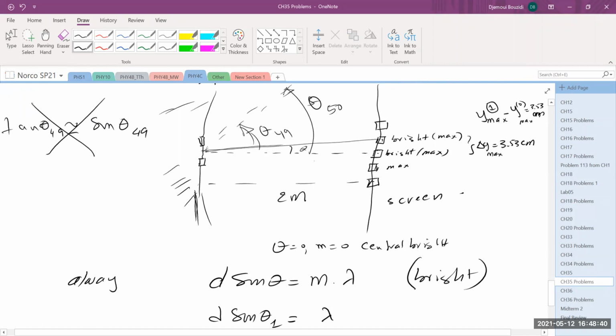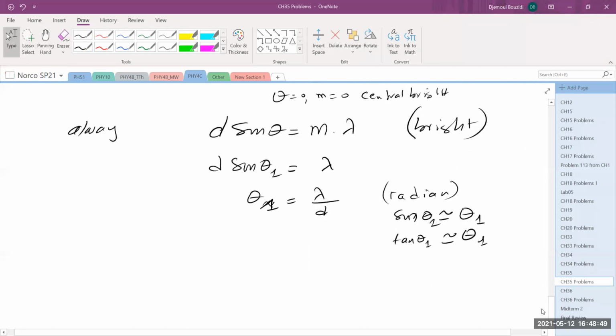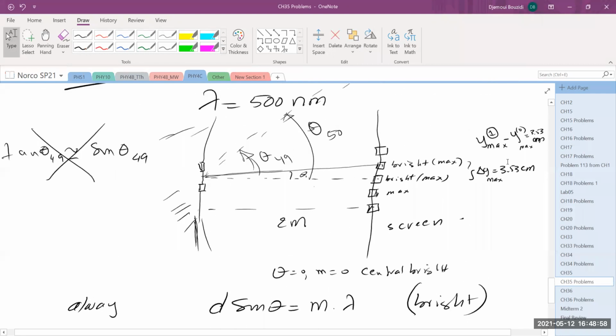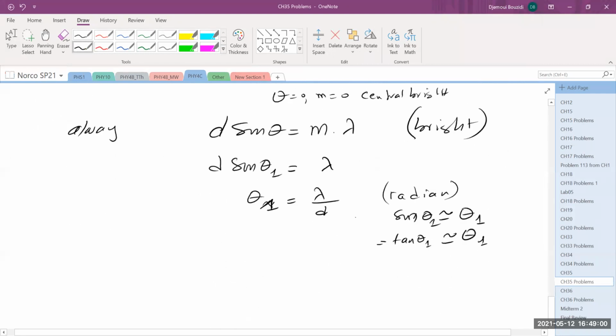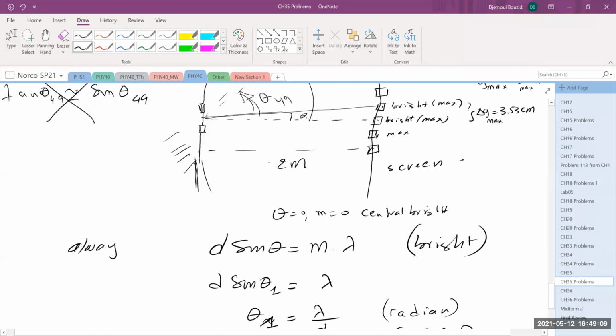The tangent of theta 1 should be equal to this distance, which is 3.53 divided by 2 meters. As a matter of fact, we know how much this tangent is. So tangent of theta 1 is equal to the first distance, which is actually this distance in here that was given to us, the delta y between the maxes, divided by r, which is 2 meters. So this is r, how far the screen is.